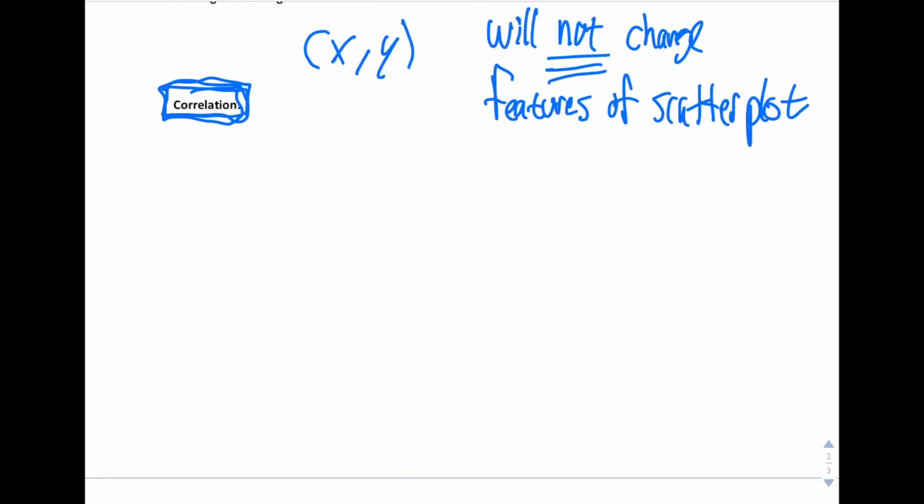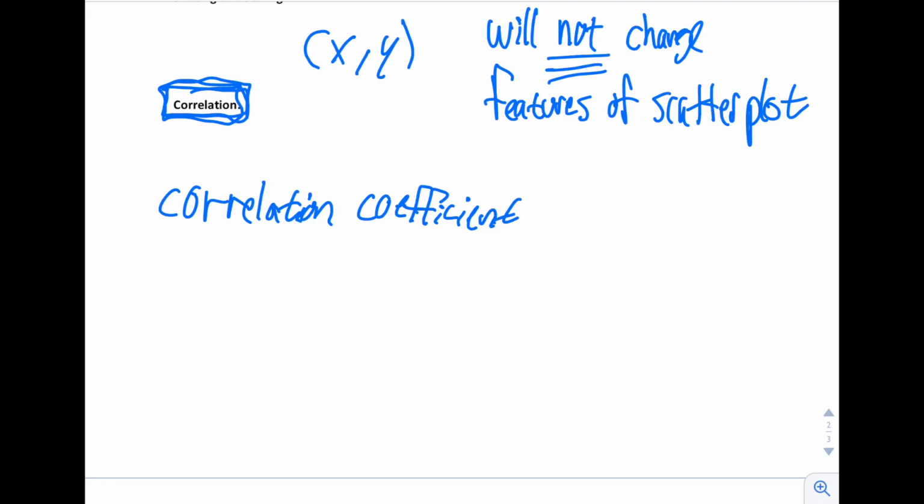So for correlation, in statistics, we actually have a variable. We call this guy the correlation coefficient, and it is denoted by a little r.